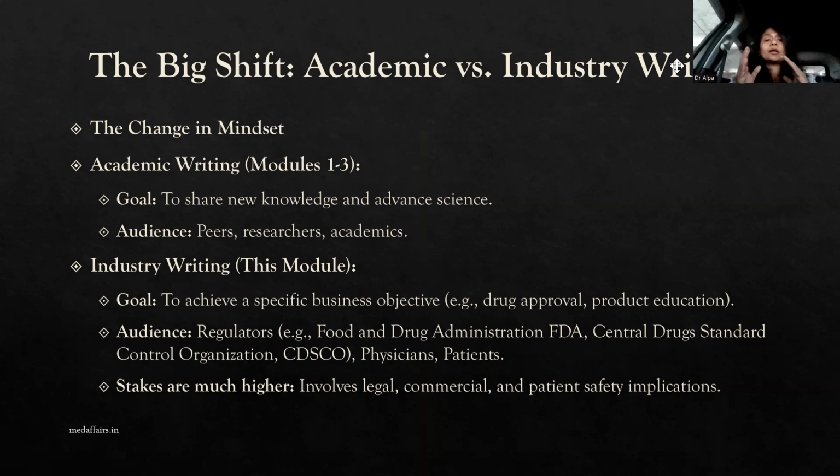In academic writing, which we covered under the first three modules of the course, the goal was to share new knowledge and scientific data, right? And our audience for which we wrote was the peers, the researchers, and fellow scientists.